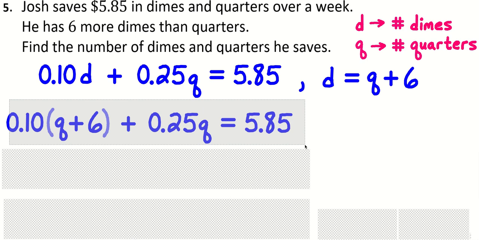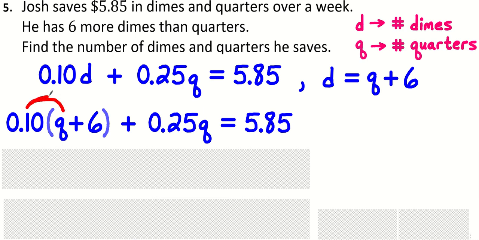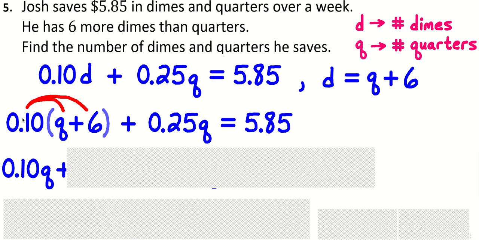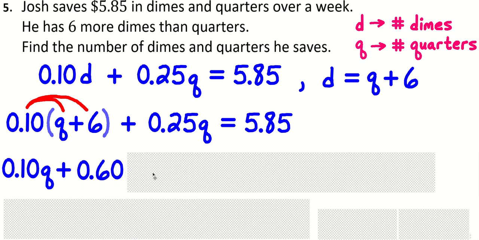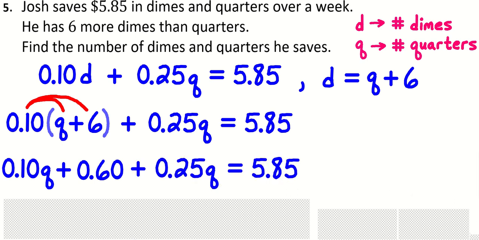Once we do that, now we have an equation we can solve. Can we not now solve this for Q, because now we only have Q in our equation? Of course. So what do we do first? Don't we clear the parentheses by doing the distributive property? So 0.10 times Q, and then 0.10 times 6, which is 0.60, or 0.6. And then everything else just drops down.